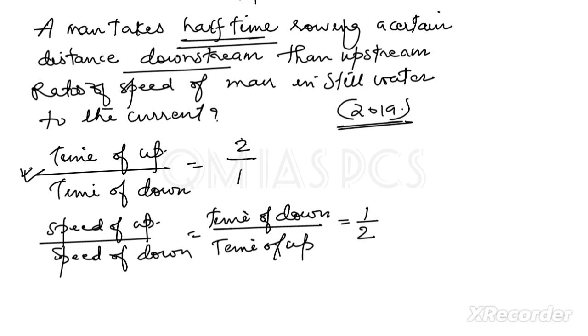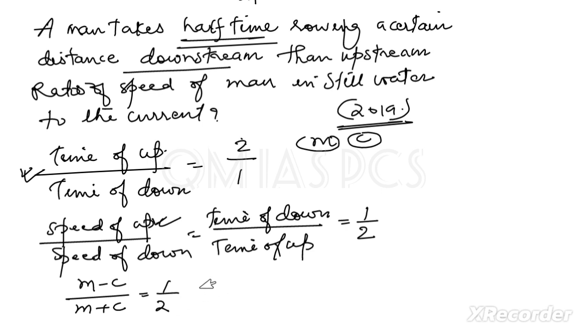Now what is the speed of upstream? We have to write the relative speed. If I say m is the man's speed and c is the current's speed, then for upstream it will be m minus c, and for downstream it will be m plus c, and here it is 1 by 2. Now just do cross multiplication.